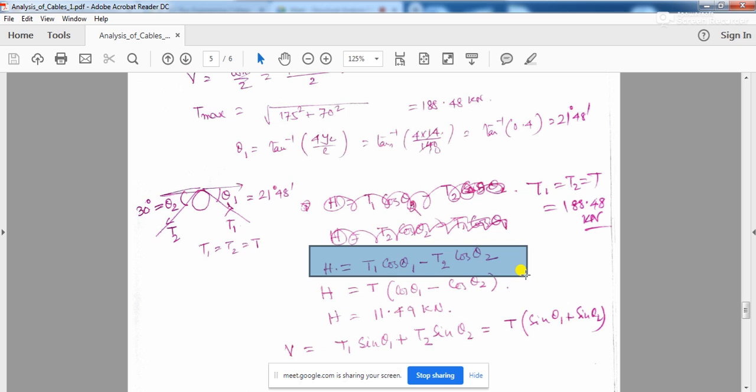Okay, so if you just put the values of theta 1 and theta 2 and T over here, what is the value of T you have found out? Can anyone tell me what is this T, or what is this T1, what is this T2?